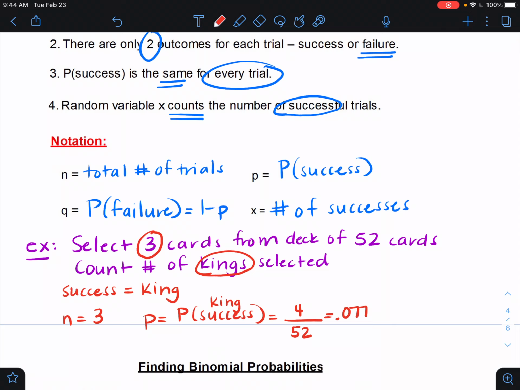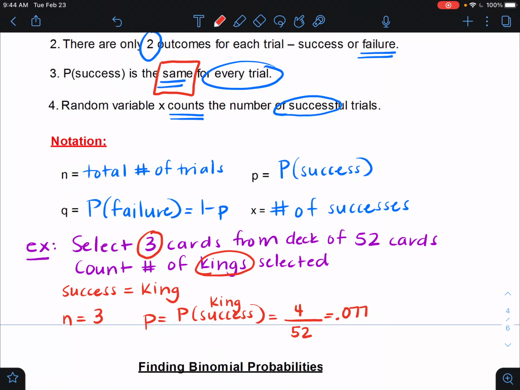There's not going to be 52 total cards, there's only going to be 51. That's a different probability. That's a value that's changing, and that's not okay for the binomial. For the binomial, the probability of success has to stay the same for every trial. So as it stands right now, this would not work. I would have to stop right here and say this is not binomial because that probability is not staying the same.